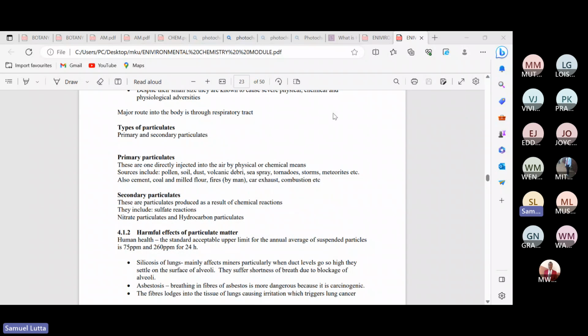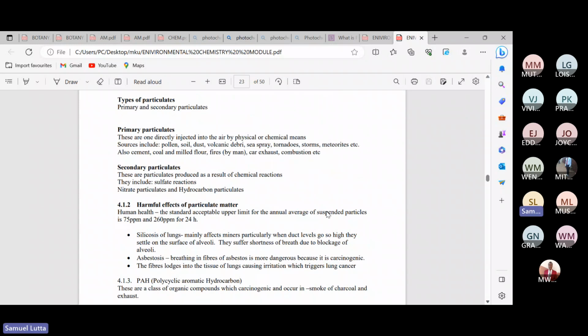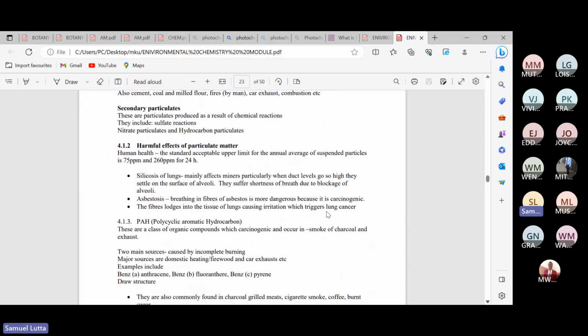Particles can be harmful. How can they be harmful? We have said that when they are inhaled, they can affect the lungs and also the gas tract.